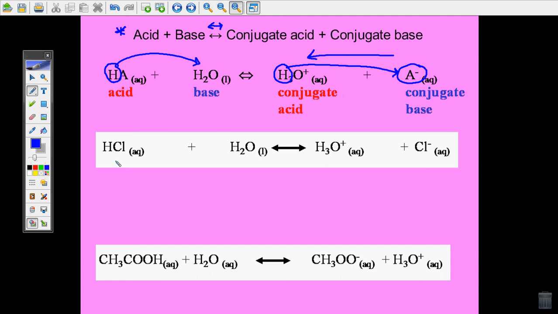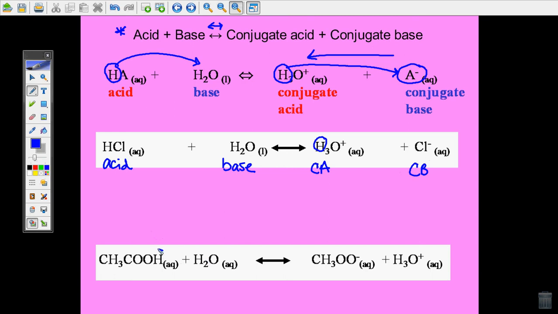Okay, so here HCl, this is our acid, plus water is going to be our base. Now look over here, which one of these can donate a proton? Well, this is the one that can. So this is now our conjugate acid, and this is our conjugate base because it can now accept a proton. Down here, this one's a little tricky.